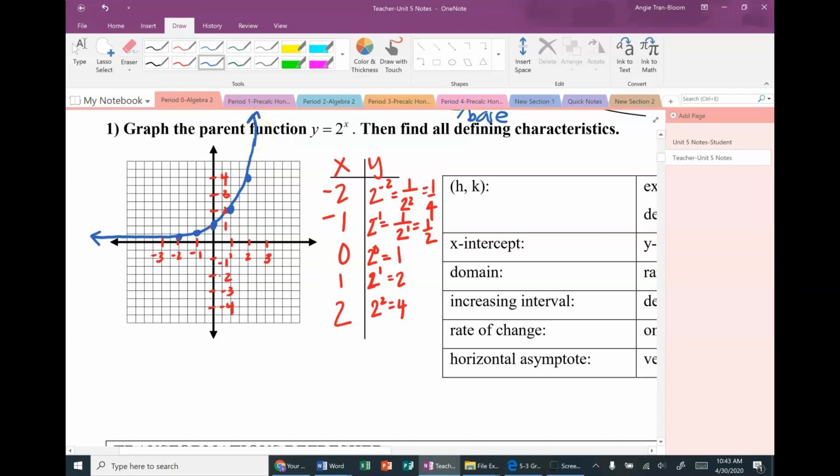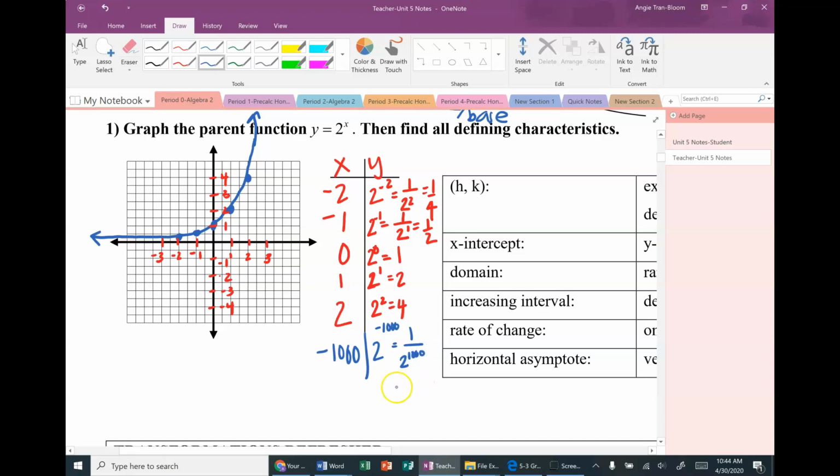So as you can see, it doesn't matter what I plug in for x. Let's see what happens if I plug in 1,000 or -1,000. Is the y ever going to be 0? Let's check it out. 2 to the -1,000 is really 1 over 2 to the +1,000.